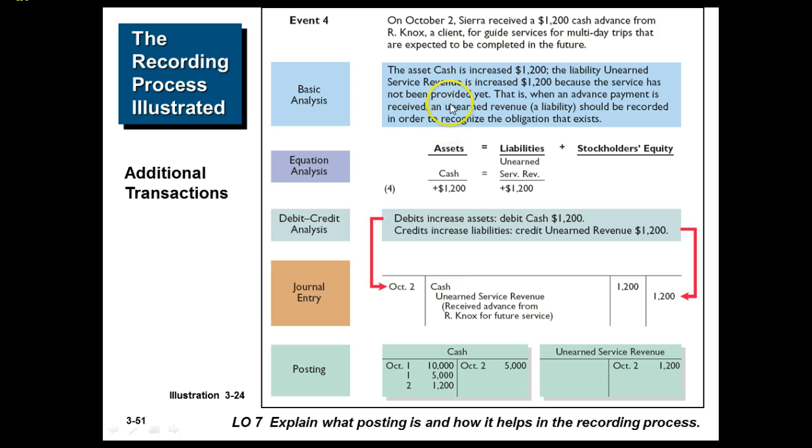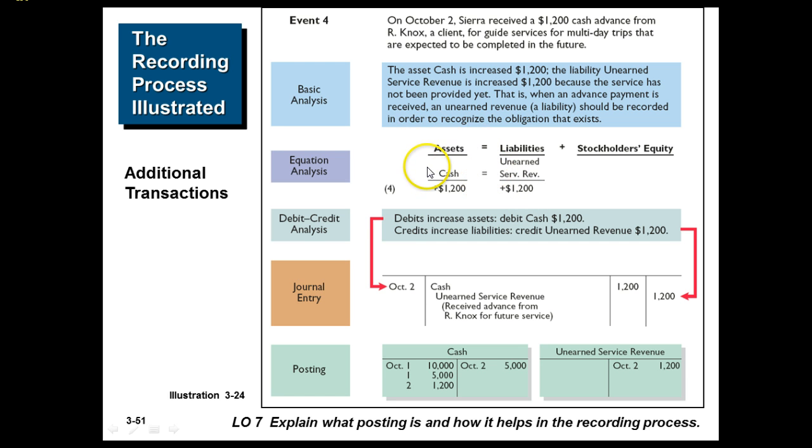Here, the same is true. On October 2nd, Sierra received a $1,200 cash advance from Knox, a client for guide services for multi-day trips that are expected to be completed in the future. So as you can see, cash increased, but since we didn't really earn that money yet, it's a liability which increased.